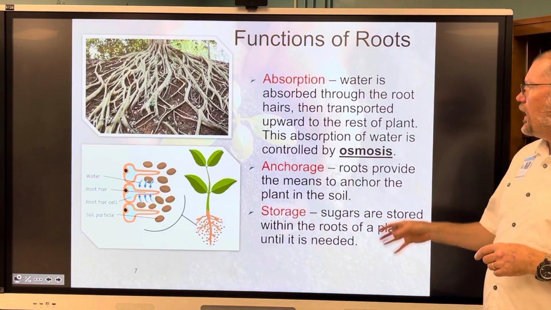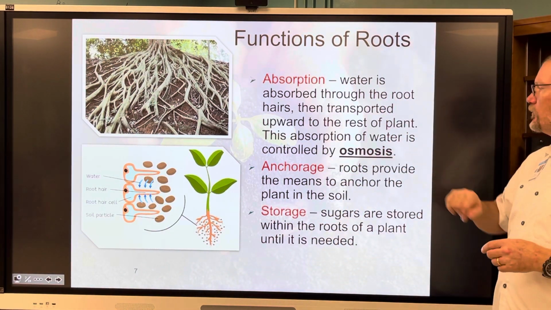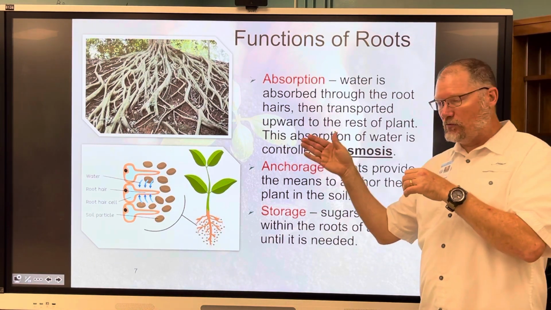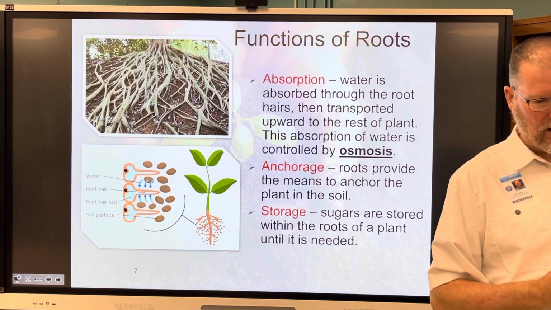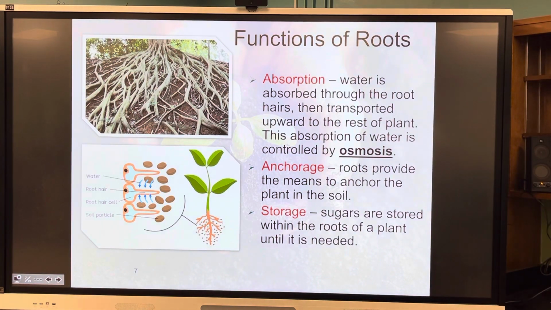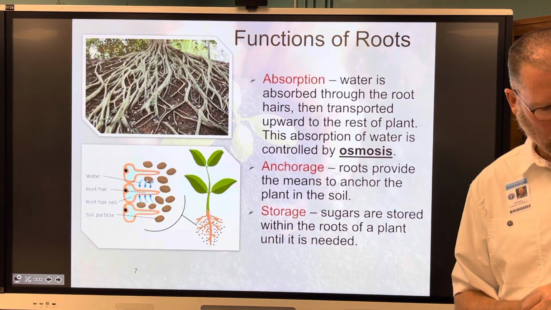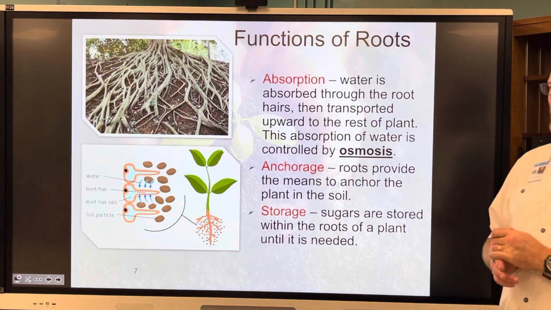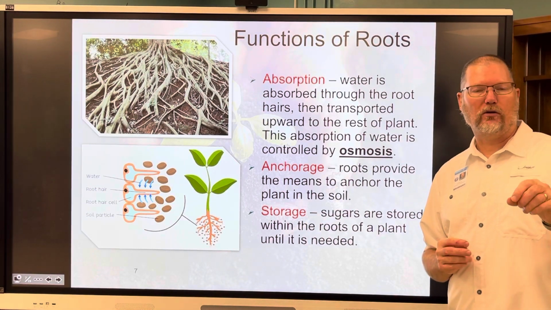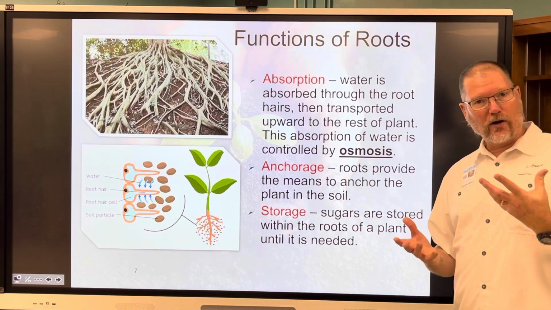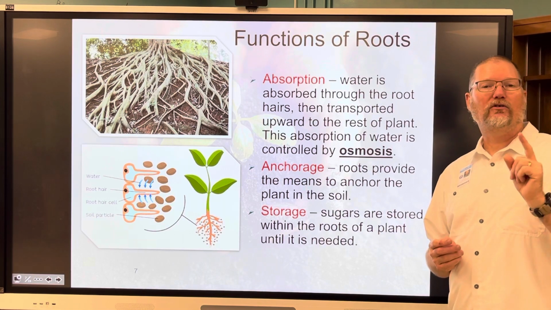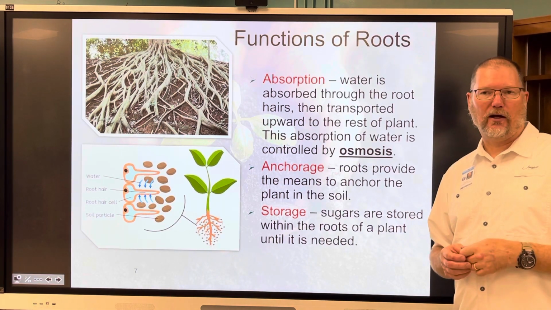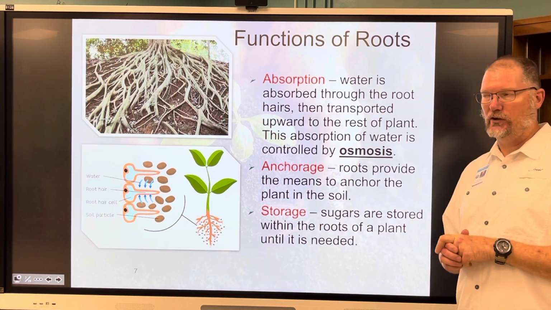And then it's transported up. And it's controlled by absorbing, is by osmosis. And you have to define osmosis on page 2, slide 7. Osmosis was from cell transport chapter. So if you don't remember what osmosis is, you're required to go back into your notes or look it up later, okay, to fill in that blank.